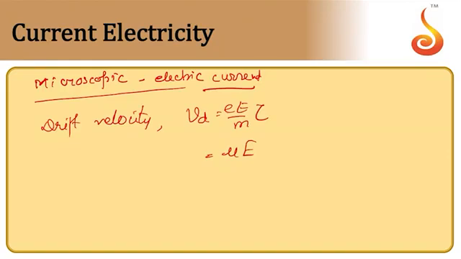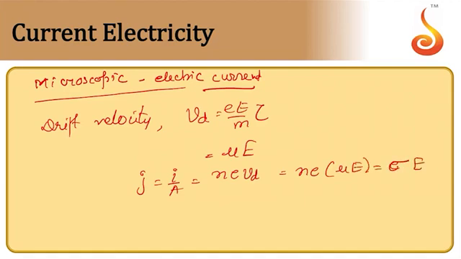And if I take that into consideration, the current density can be written as I divided by A, that becomes nE Vd, or I can also write it as nE into mu E, or this is sigma into E. This is your Ohm's law in microscopic form.